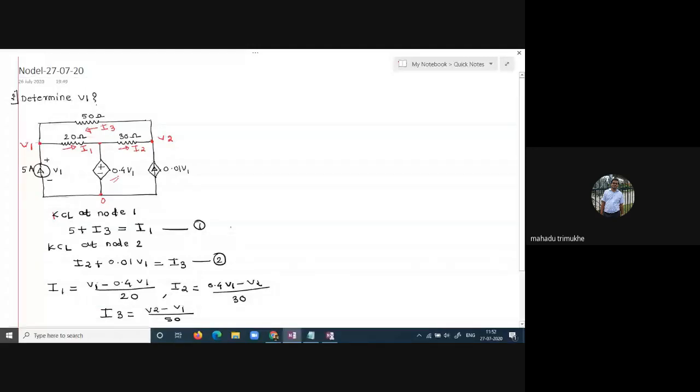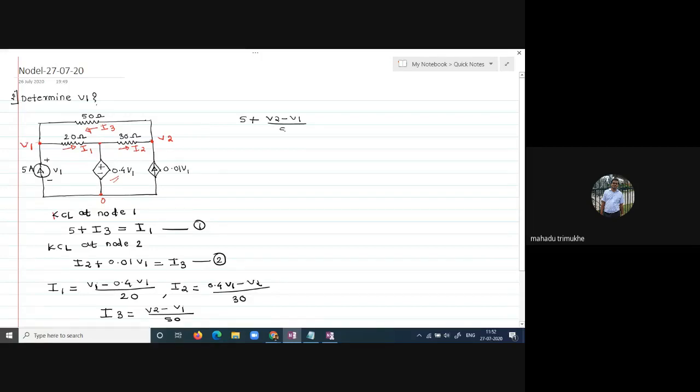Okay, now we get I1, I2, and I3, because you have to put these values in equations 1 and 2. So 5 plus I3, that is V2 minus V1 divided by 50, is equal to I1, which is V1 minus 0.4 V1 divided by 20.